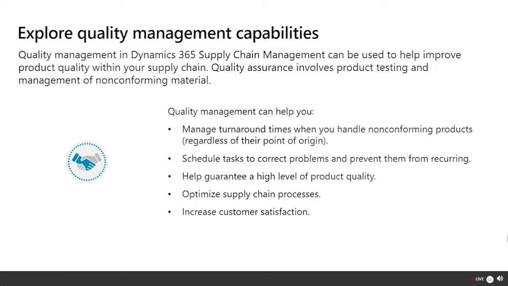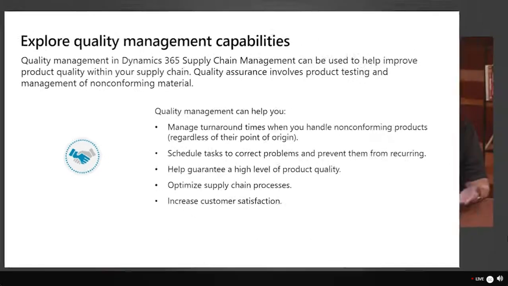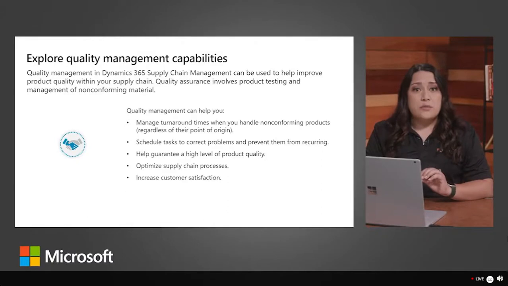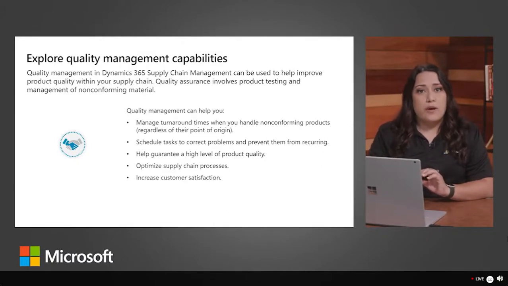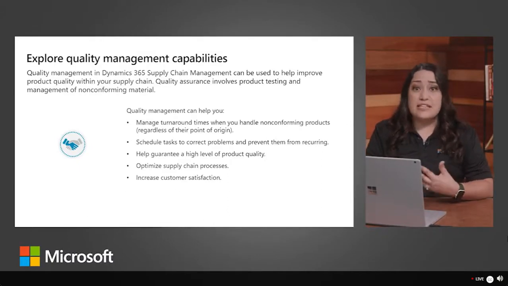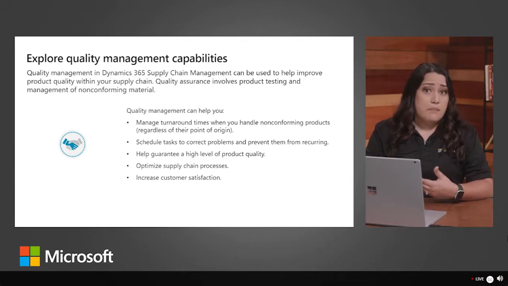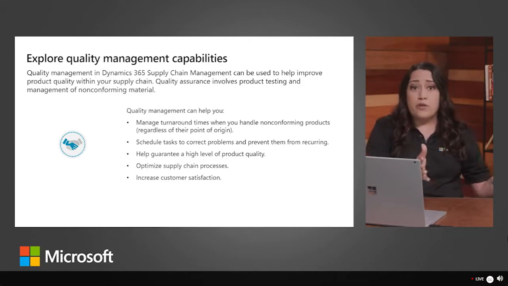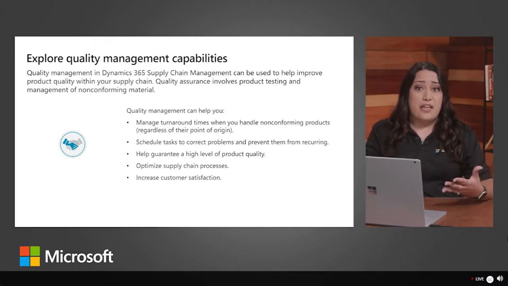These processes can also help optimize the supply chain process and increase customer satisfaction. And quality management can help you manage the turnaround times when you're dealing with things like non-conforming products, no matter where those non-conformances come in.